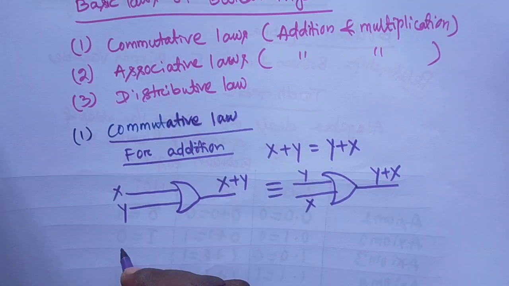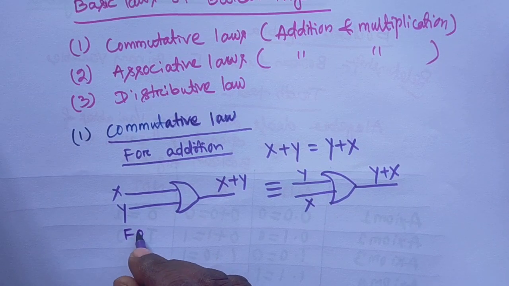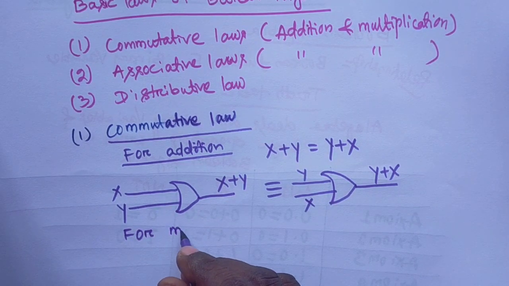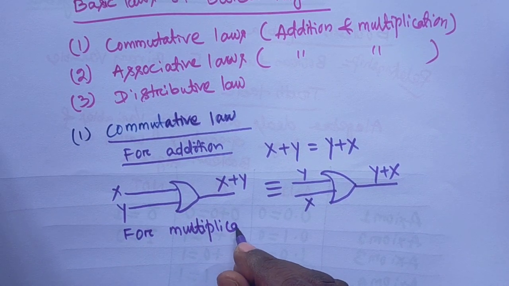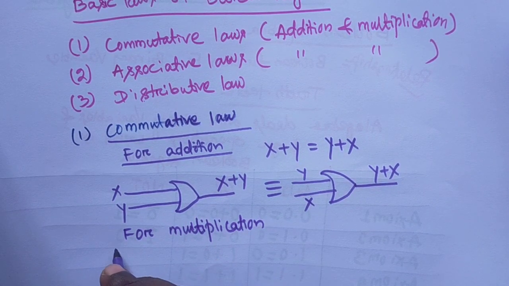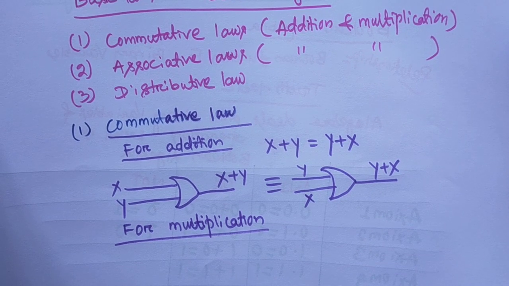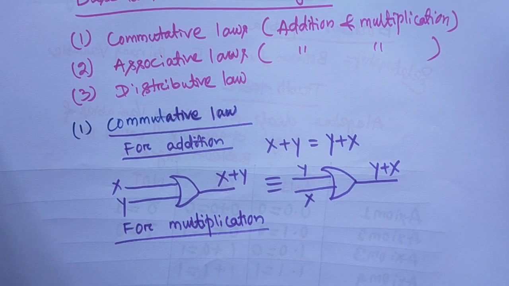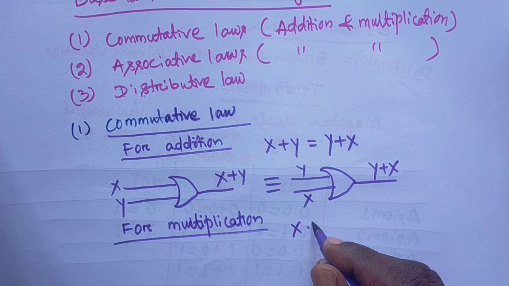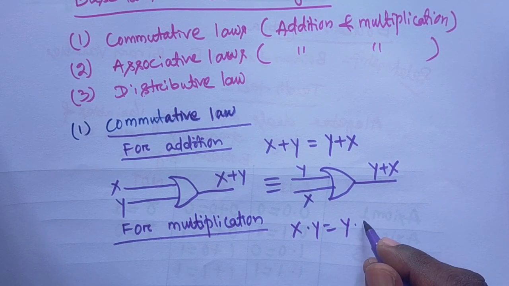If we go through multiplication, then another way we write it. For multiplication, we define x dot y is equal to y dot x.